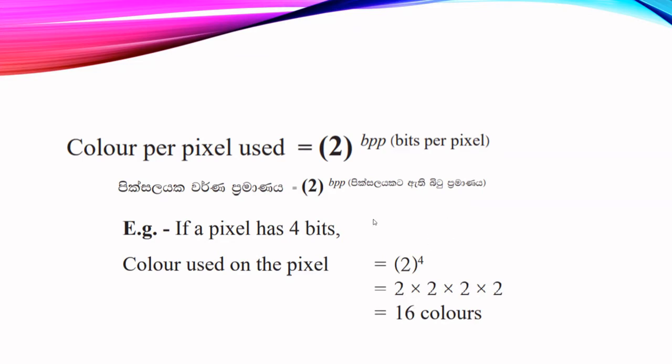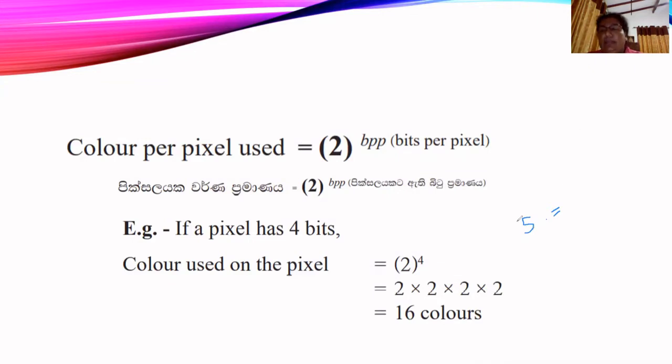So if I ask, if there are 5 bits in a pixel, can you tell me the number of colors? I want to ask Yashin.